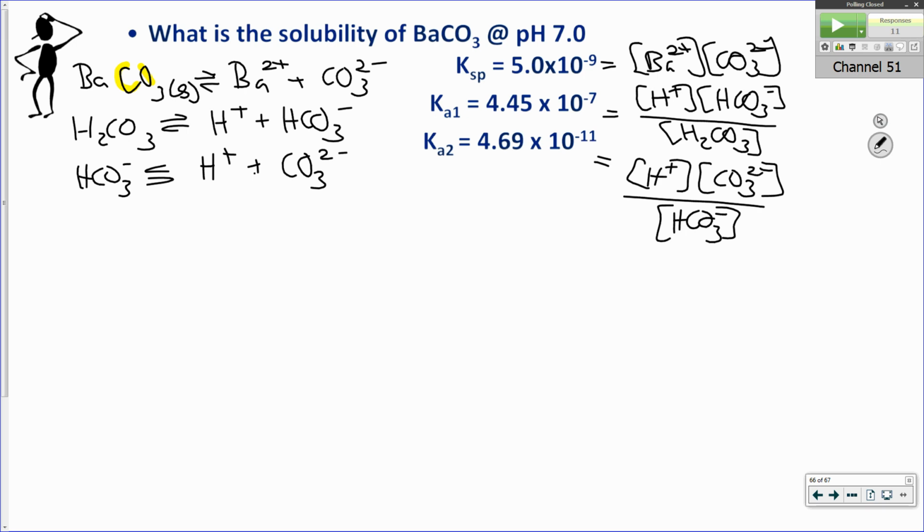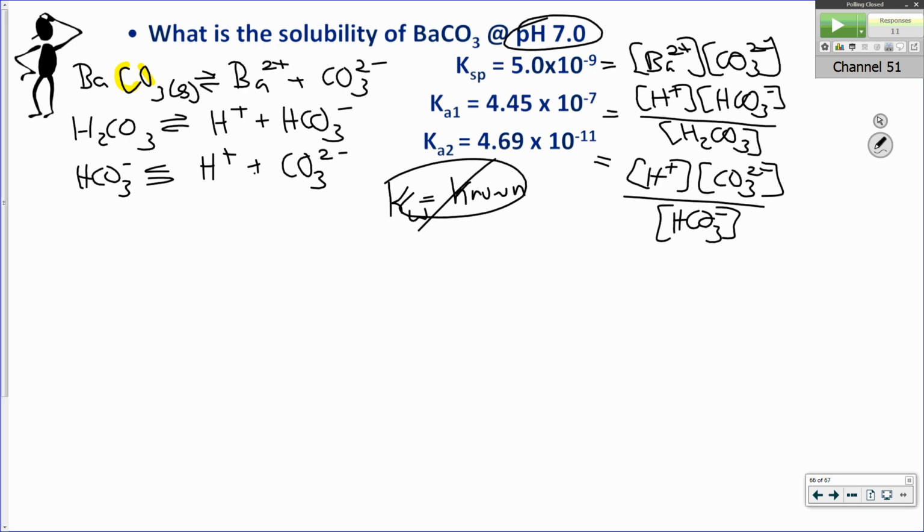Okay. Could I write a Kw expression? It's buffered. So if I did a Kw expression, they're knowns. So there's no advantage to me to do that. I know H+ and I know OH- because I know pH in this system.